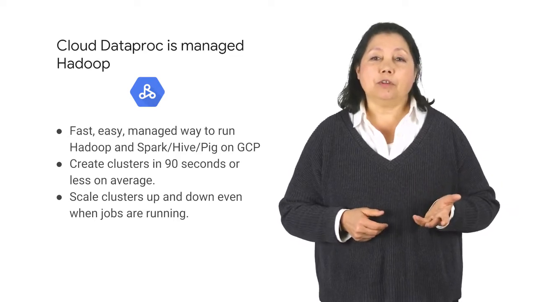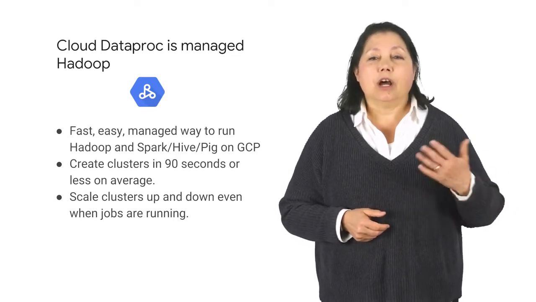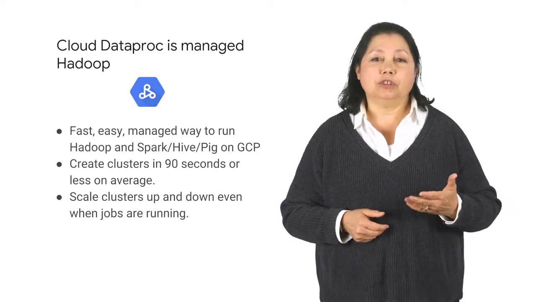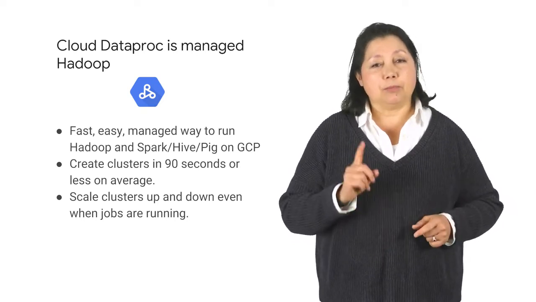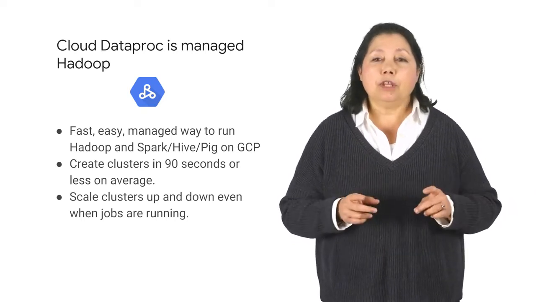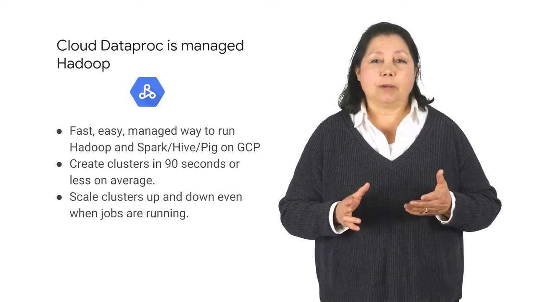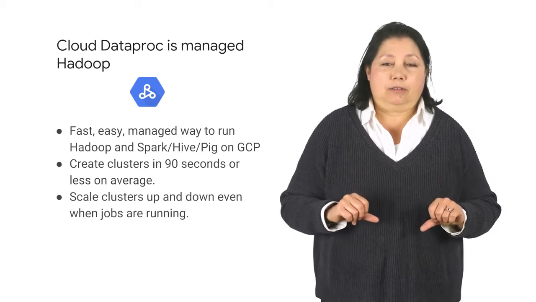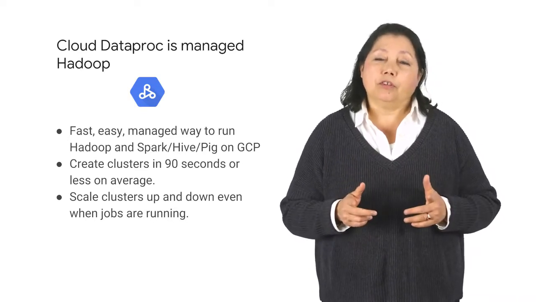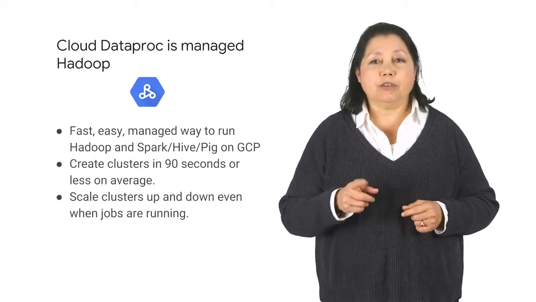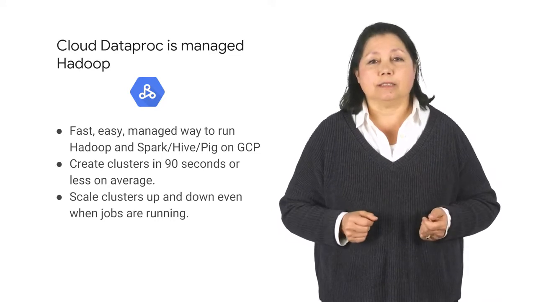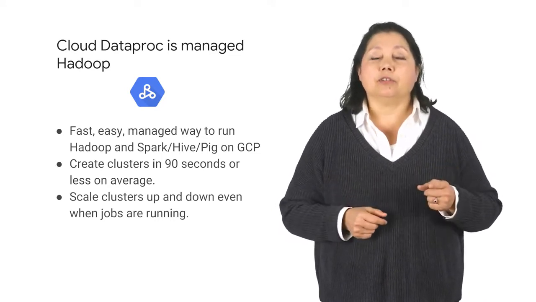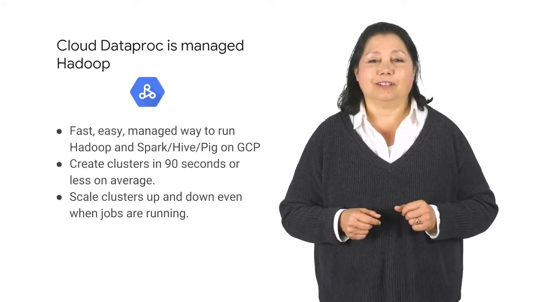It will be built for you in 90 seconds or less on top of Compute Engine virtual machines whose number and type you control. If you need more or less processing power while your cluster is running, you can scale it up or down. You can use the default configuration for the Hadoop software in your cluster, or you can customize it. And you can monitor your cluster using Stackdriver.